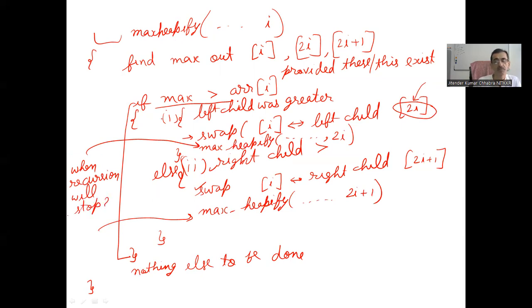Obviously, when it will stop, either the swapping doesn't happen. So if swapping doesn't happen, this situation will come. No swapping automatically means no recursion. Or the other case could be that you have reached the point where the corresponding children don't exist. So it might happen that you have no more children existing.